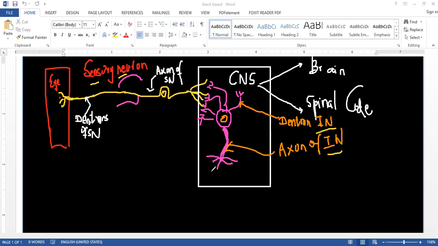What's this? It is connected to the motor neuron now. So I'm drawing very clearly. Okay, wait.